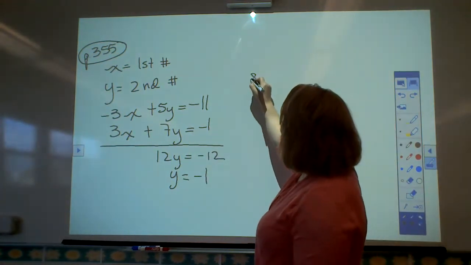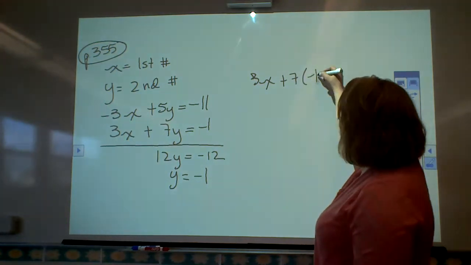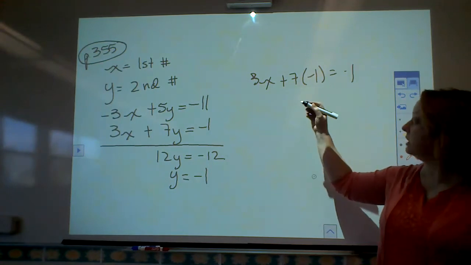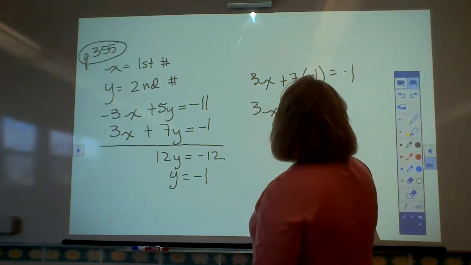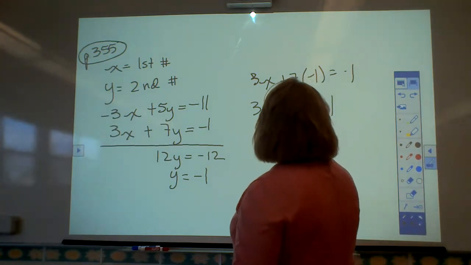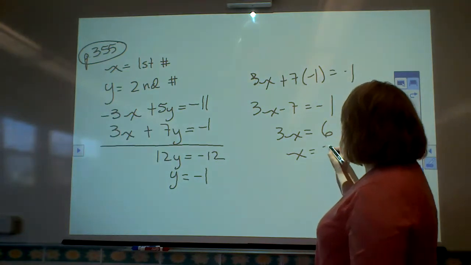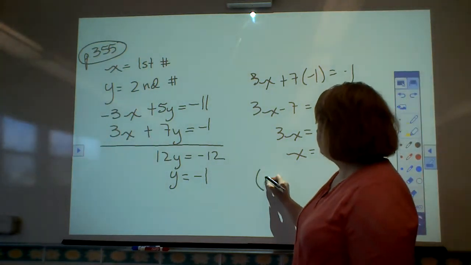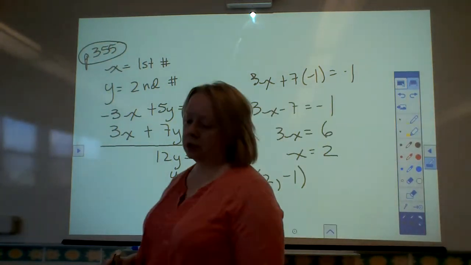So I have 3x plus 7 times -1 is -1. So I just subbed it into the second equation. 3x minus 7 is -1. 3x equals 6. X is 2. Okay. So the first number is 2. -1 will be your answers there.